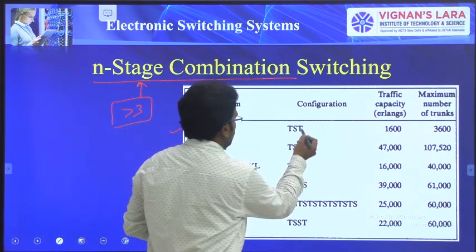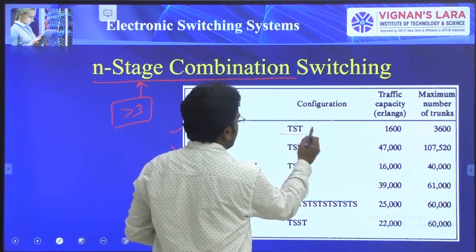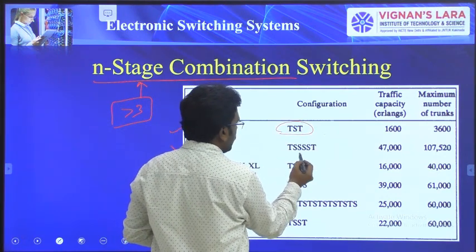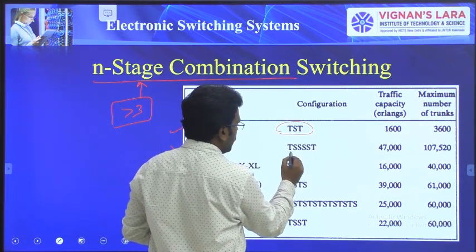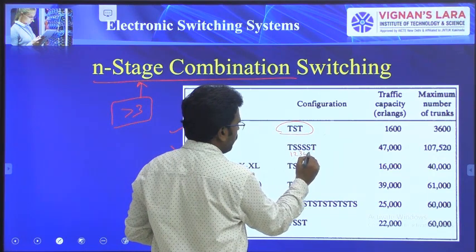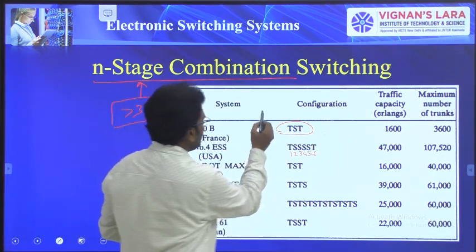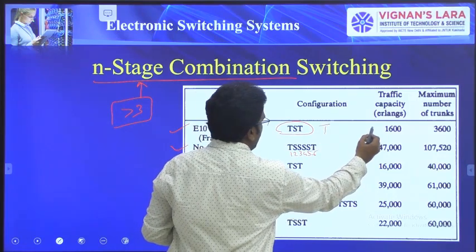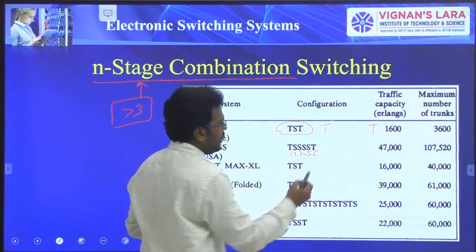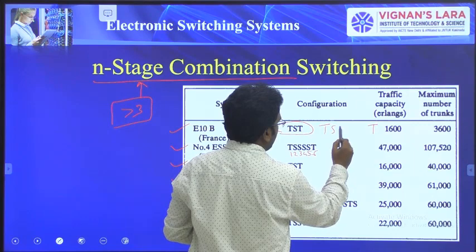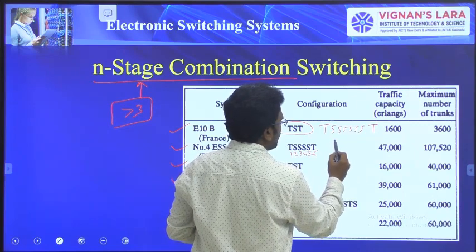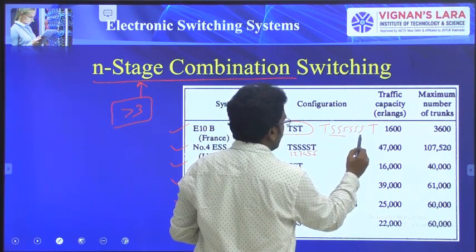So this one contains only TST. Here you can see how many stages are there: 1, 2, 3, 4, 5, 6 stages. Here they are using T at both the ends and space switches in between. So what is the advantage of using multiple stages here?